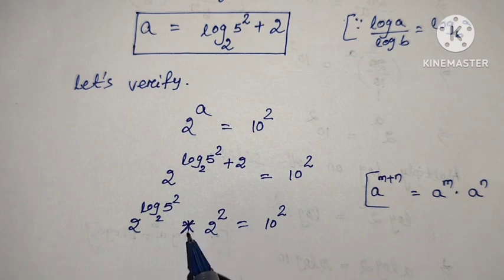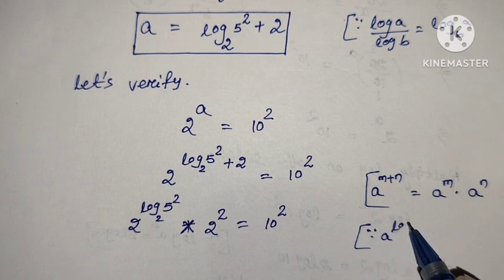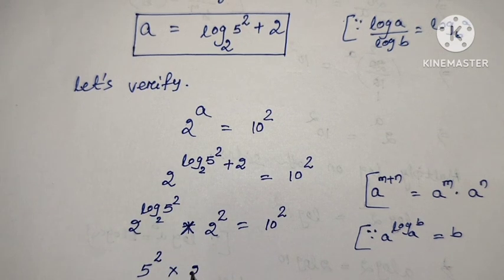This is multiplication. Another one, a to the power log b base a is equal to b. Then here 2 to the power log 5 to the power 2 base 2, the answer is 5 to the power 2 into 2 to the power 2 is equal to 10 to the power 2.